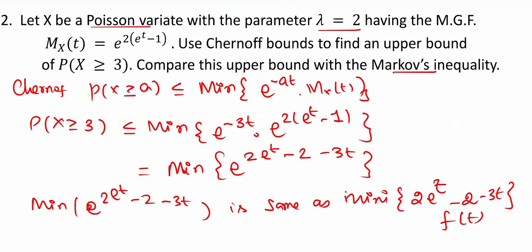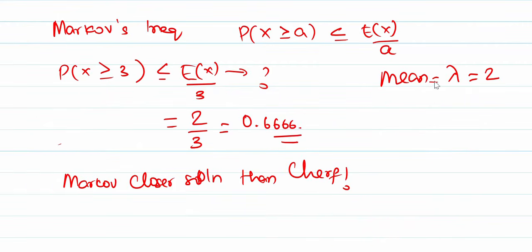Here we have x estimated for greater than or equal to 3, and the value of our mean is 2, which is very close to 3. Since Chernoff's value of a is very close to the mean, the bounds obtained through it will not be as powerful as when a is more than its mean. When a turns out to be a bigger number, maybe Chernoff will give us a more accurate answer than Markov. Since the value of 3 is very close to 2, we observe that Markov is giving us a better answer than Chernoff.